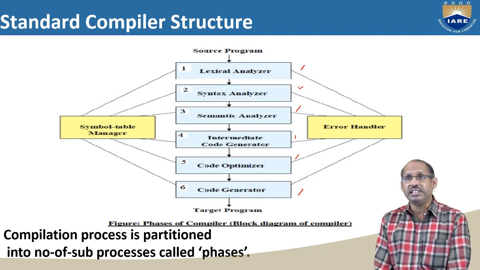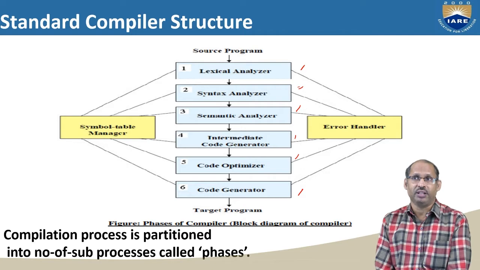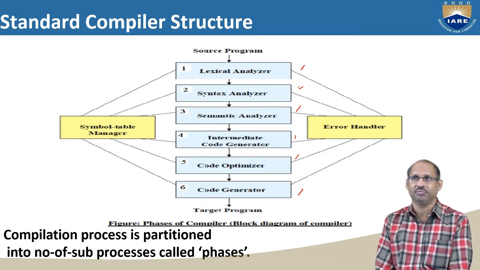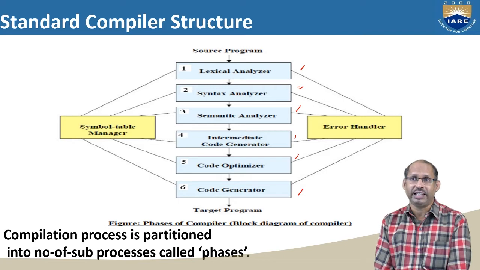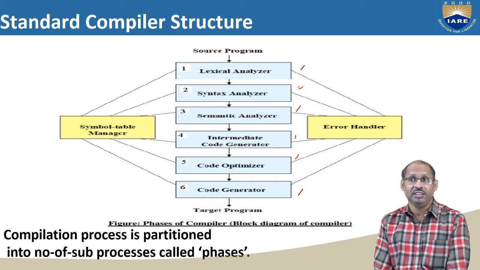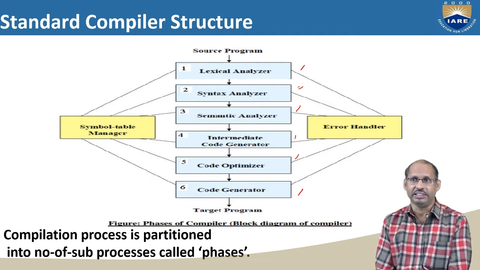If any error is generated by any phase of a compiler, that will be handled by the error handler, and it will convert it into suitable sentences understood by the user, so that the corrections can be made easily, right? So the error handler will add a description for the error, a location, and the expected correction, so that the user can do the corrections very easily.